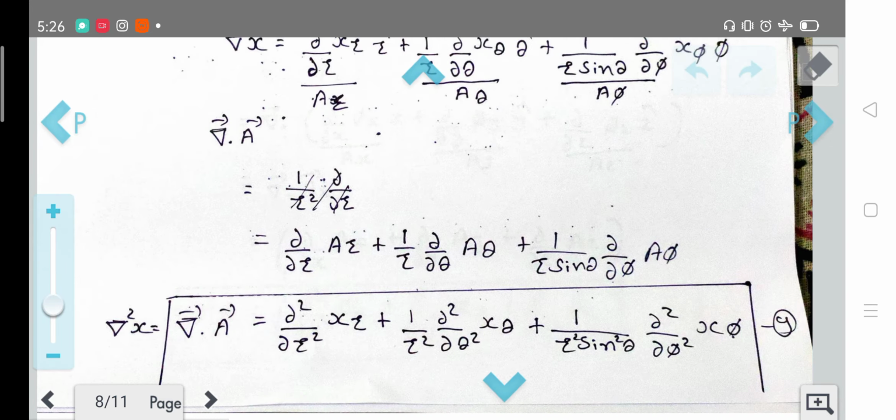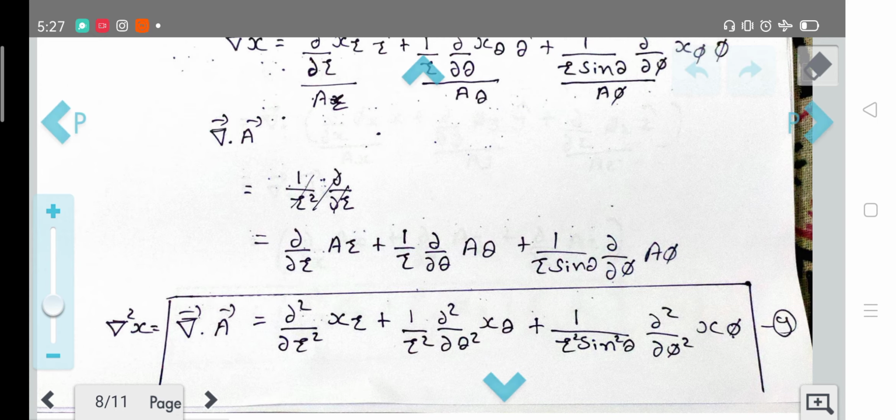So we will have del by del r component of a, 1 upon r del by del theta component of a plus 1 upon r sine theta del by del phi component of a. So we already have the value of r component of a, theta component of a, and phi component of a. Let's put in this equation.